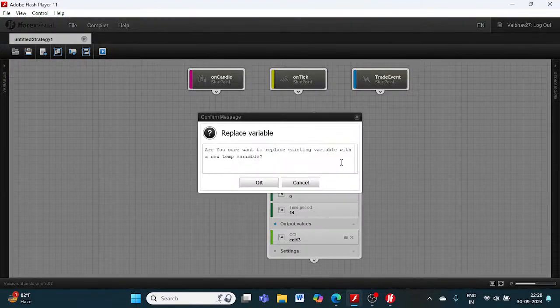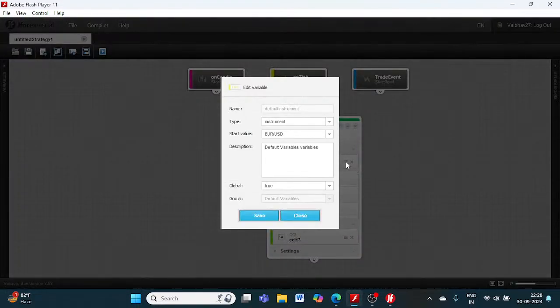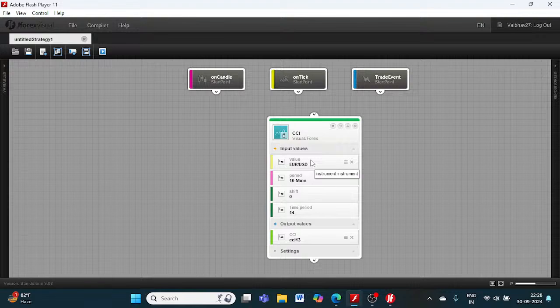There you will find this option of making changes. Here you have this long list of instruments available and compatible for the algorithm development. You can always change it if you are working with, for example, USD JPY. You can change this default instrument to USD JPY from the EURUSD.